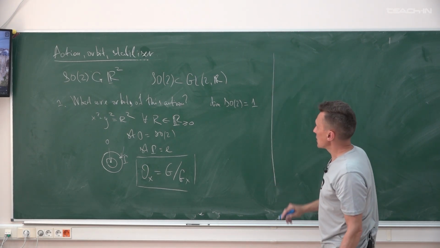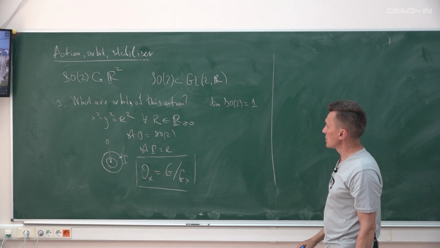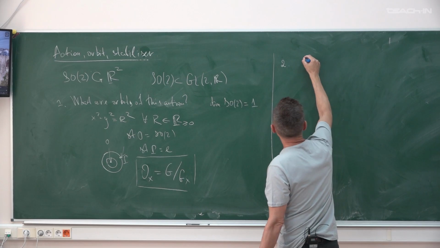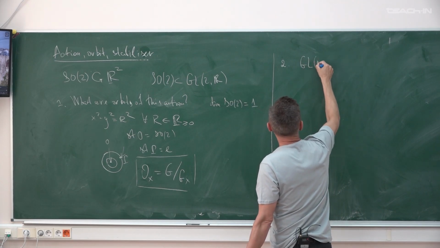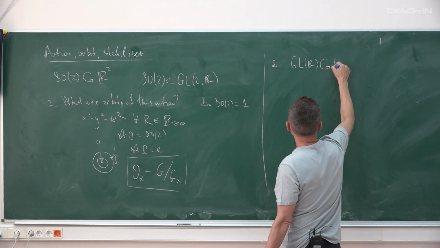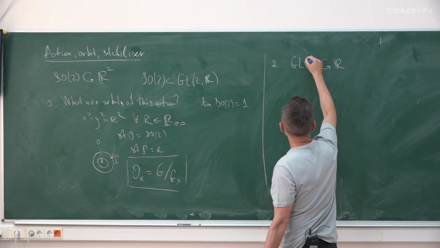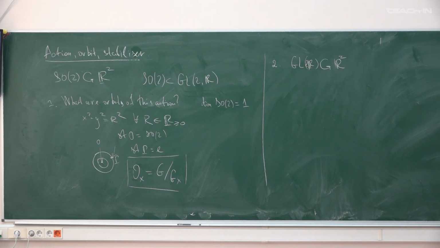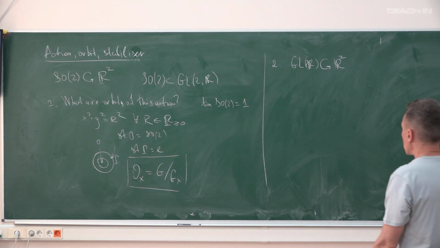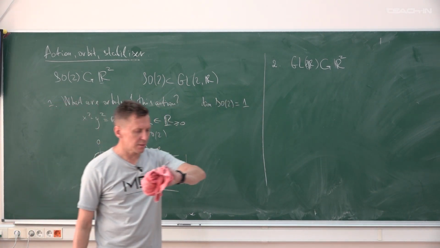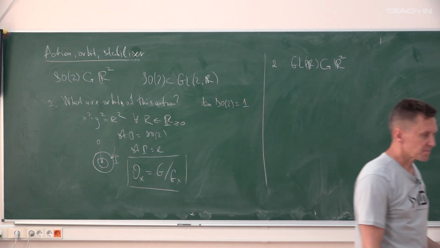Let's see another example of action. Second. There is an action of GL2R on R2. What are the orbits, stabilizers? Is it free, transitive, or whatever?